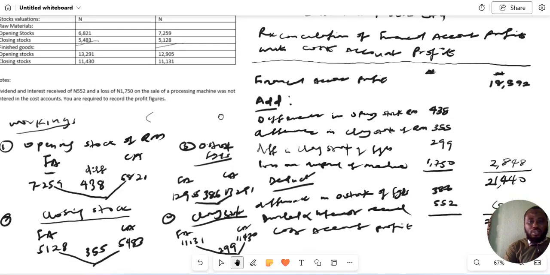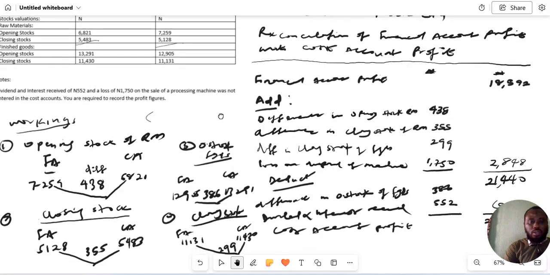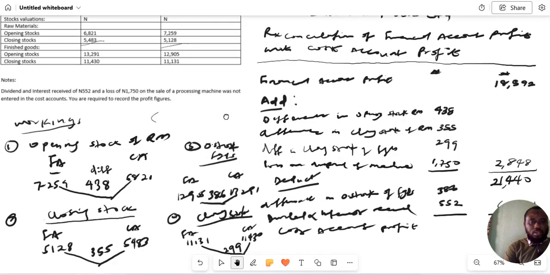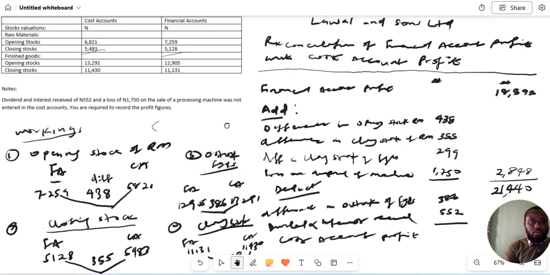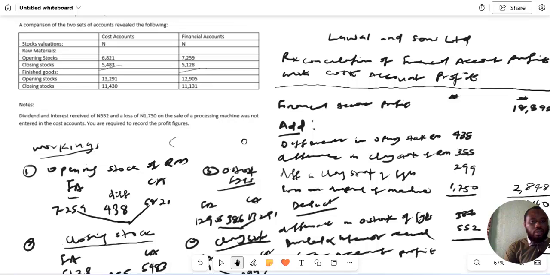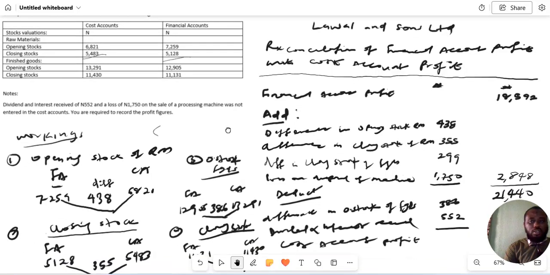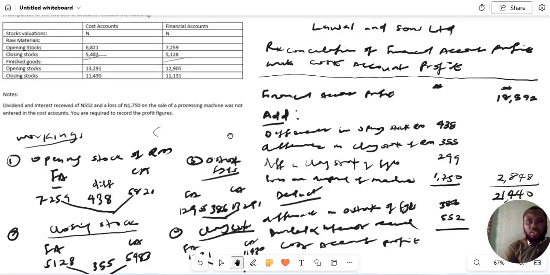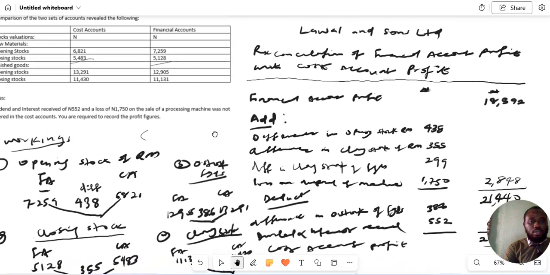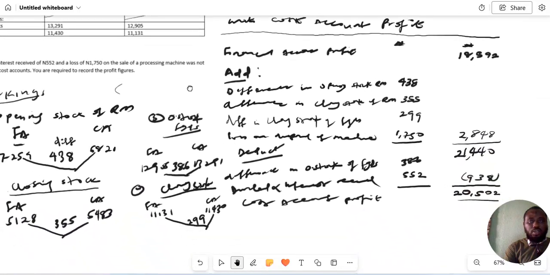So let's check the difference in opening stock: 12905 minus 13291. That's 386, yes. Let us just check where the error is coming from.